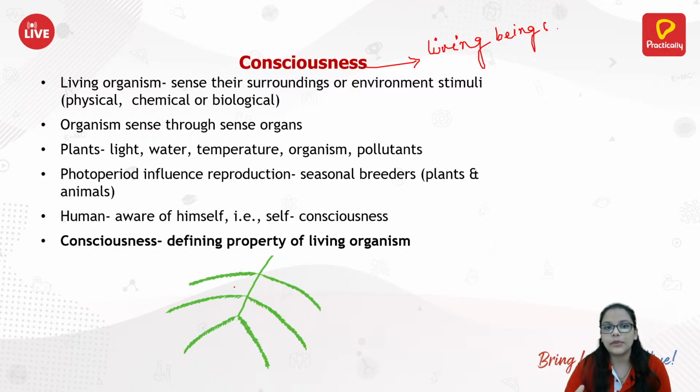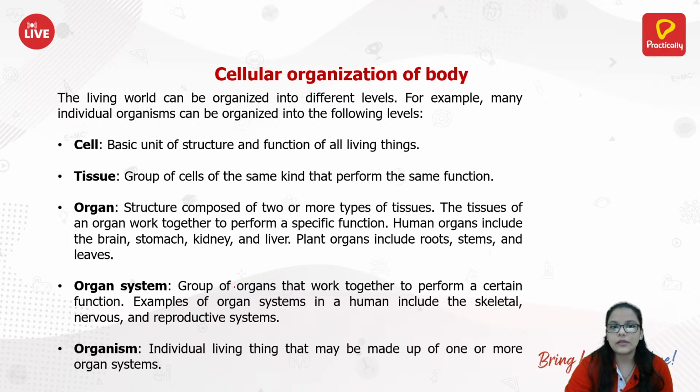This will only happen in living beings. Now the last one is cellular organization. Even non-living things, stones, rocks, etc., also have cells, different kinds of cells. That is a different thing. But cellular organization of the body is one of the characteristics of living beings.